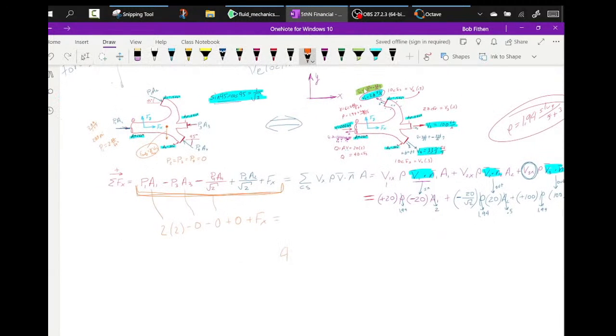So 4 plus fx, we'll just say that. So fx is equal to 2507 roughly. Notice one thing. This isn't always the case. I made up this problem.